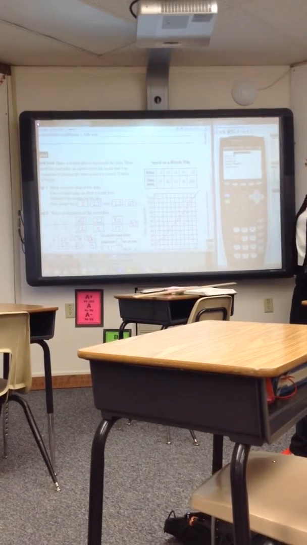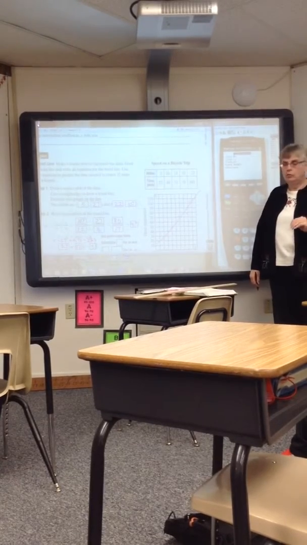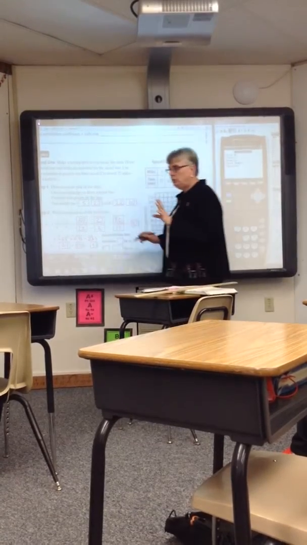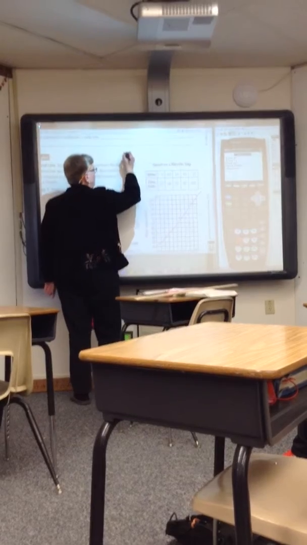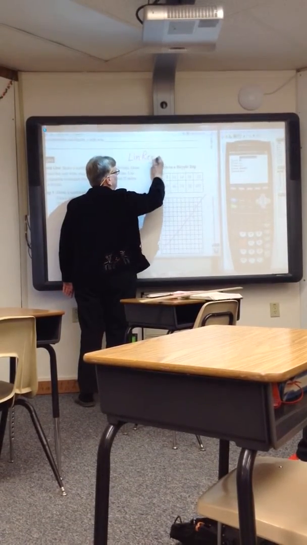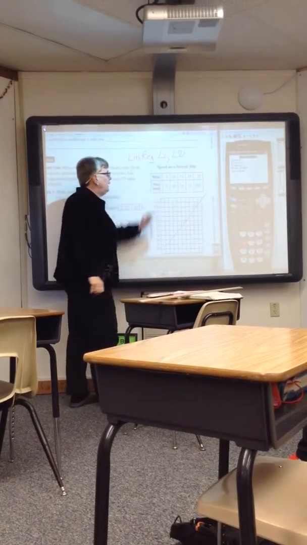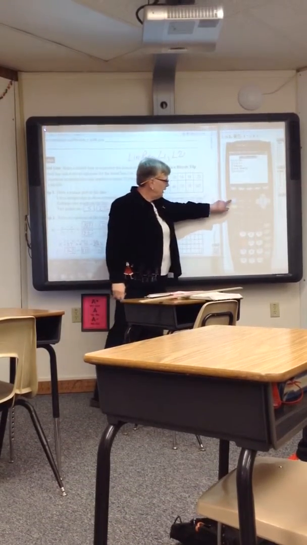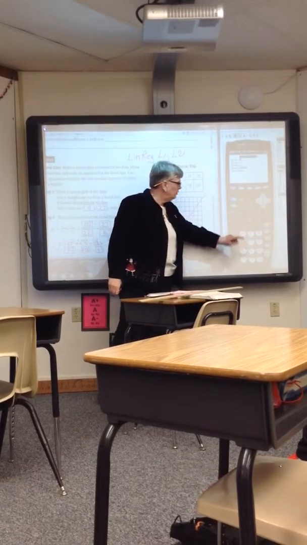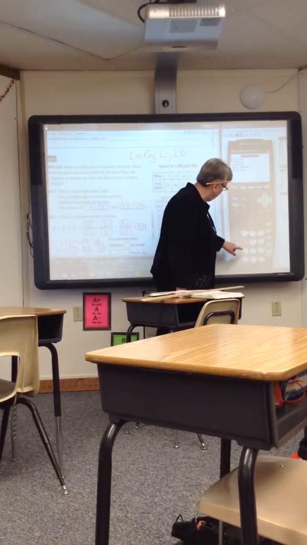Now, mine automatically puts it up as L1 and L2. If you don't have this window, you're going to have to do L1, comma, L2. And to get L1, you would go second 1. No, you go alpha 1, whichever one is green.